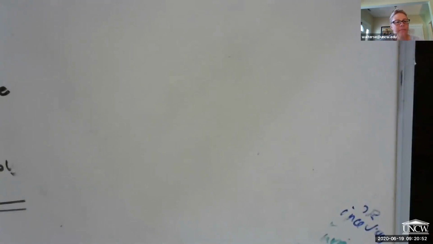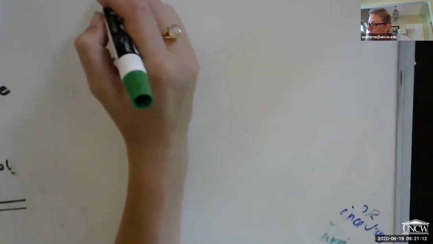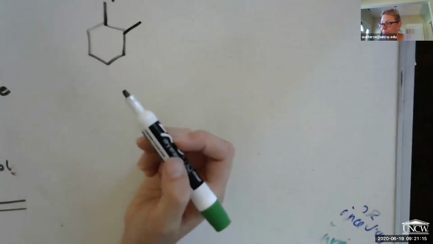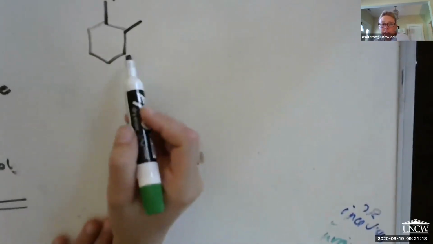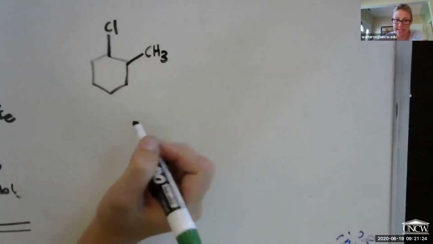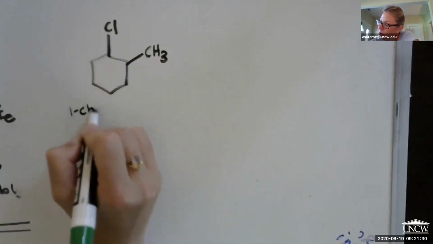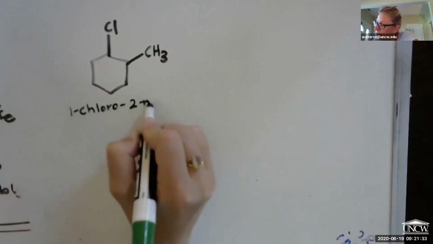Oh, shoot, Annie. That pi bond was between 1 and 6. I had the ring like this. I'm just going to do it flat right now. So the chlorine and then a methyl. If you named this, this would have been 1-chloro-2-methylcyclohexane.